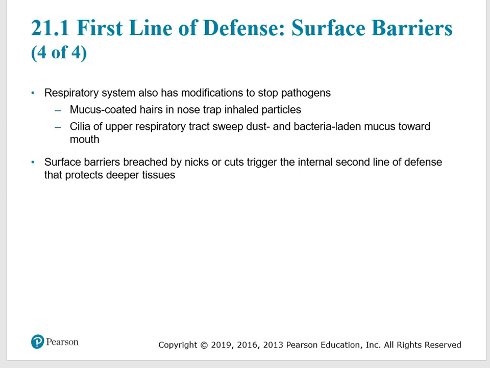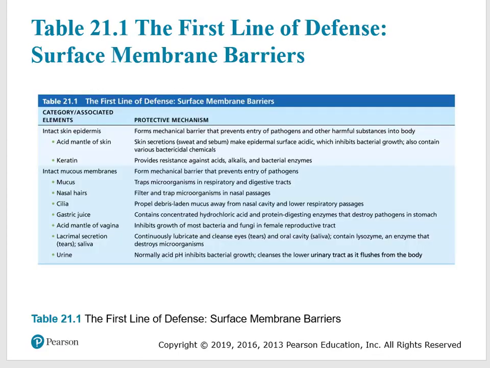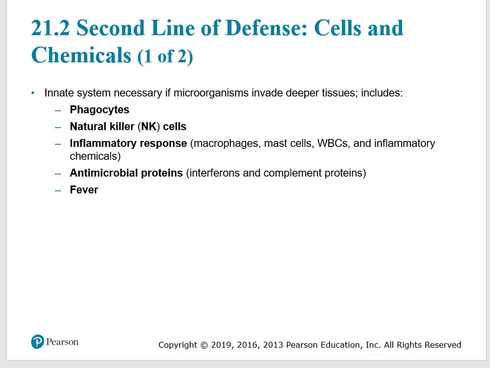Now, these first line defense barriers are also prone to injury because they are the outermost layer that we have in our body. In case these surface barriers are breached, then you have your second line defense mechanism. The second line defense mechanism includes these five things: phagocytes, natural killer cells, inflammatory response, antimicrobial proteins, and fever.